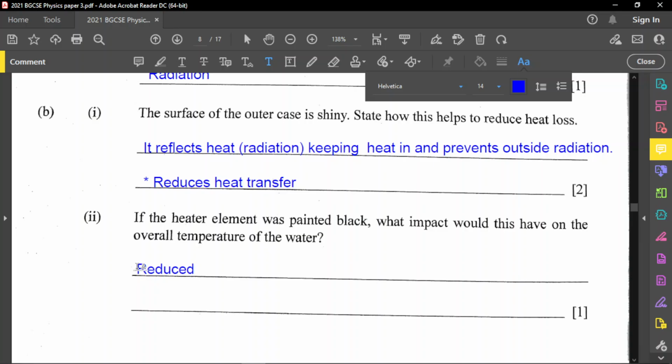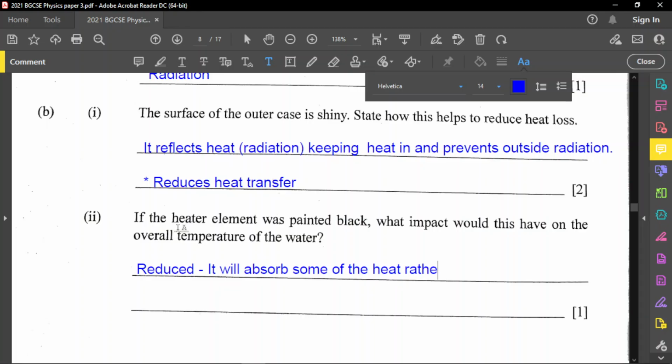And just to make a note why it will reduce it: since it's black, it will absorb some of the heat. Let's put some, okay, not all. It will absorb some of the heat, rather than giving off all of it.